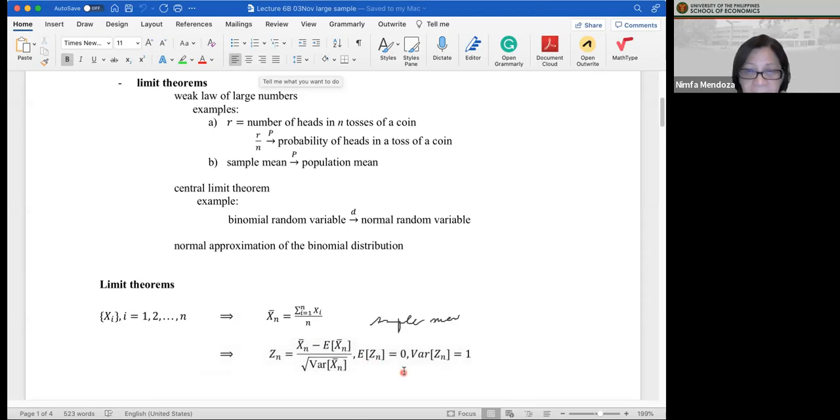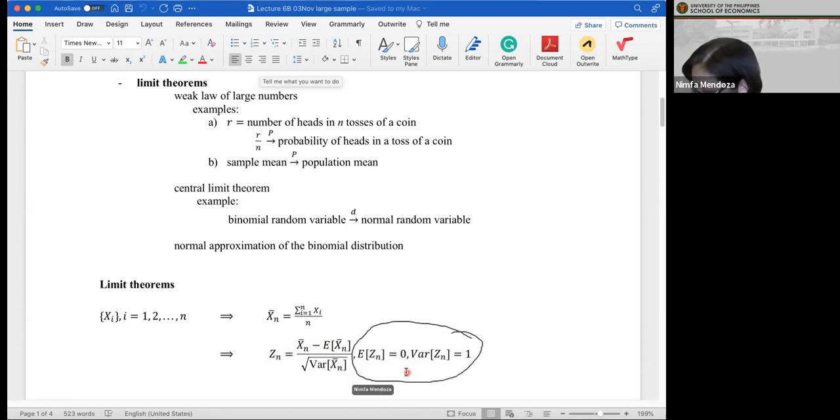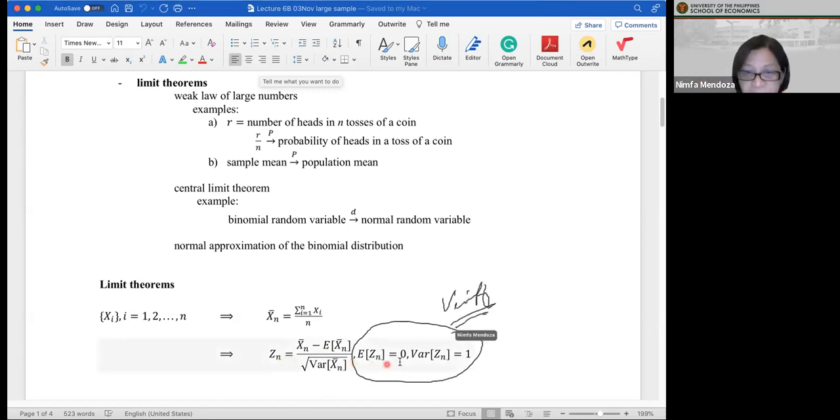Then verify that this is true: the expected value of C sub n is 0, and the variance of C sub n is equal to 1. Make sure you can get these results.